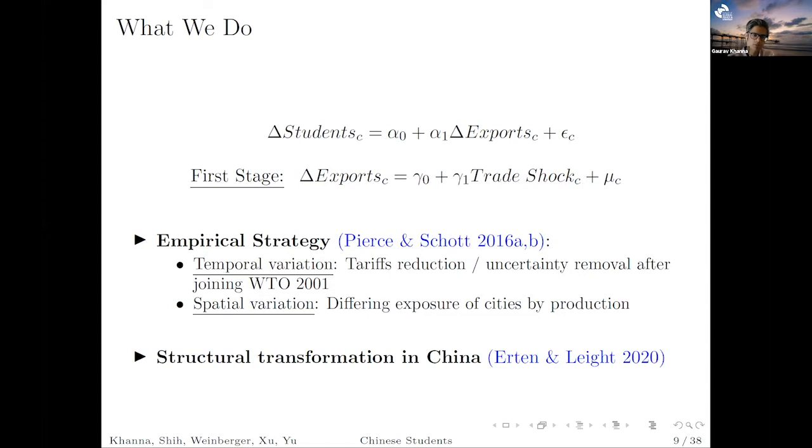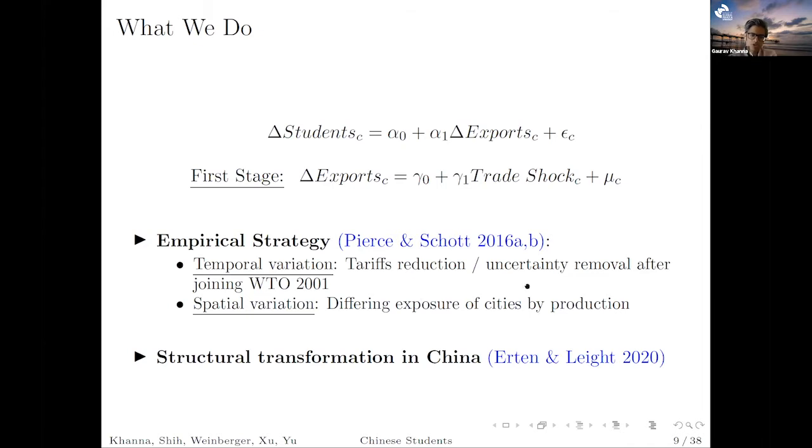When China joins the WTO, it led to a reduction in tariffs, led to a reduction in the uncertainty around tariffs that allowed Chinese industries to invest a lot in certain industries that they would then export in. But then there's also the spatial variation, where different cities were producing different products, and then a tariff reduction in certain products led those cities to grow much faster. So I'll talk about this more in detail when we get to it.